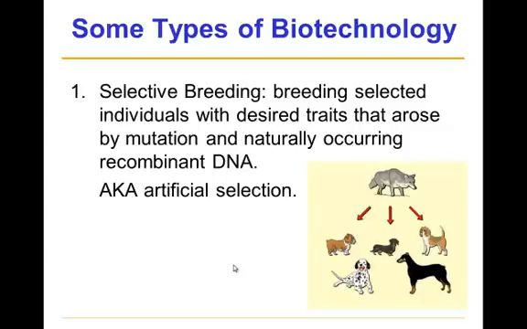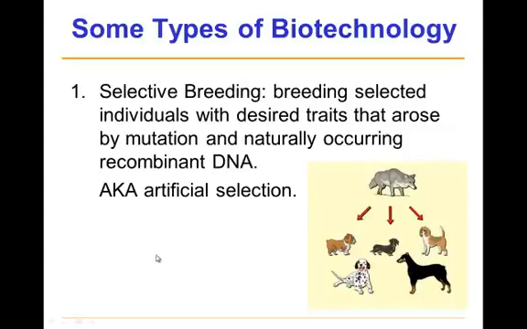This is especially common in agriculture, where we'll take plants and breed them in order to get better yields, or we'll breed animals to get either behavior or anatomy that we like. For example, more docile cows, or cows with more muscle, more meat, or cows that give more milk. All these are examples of selective breeding.